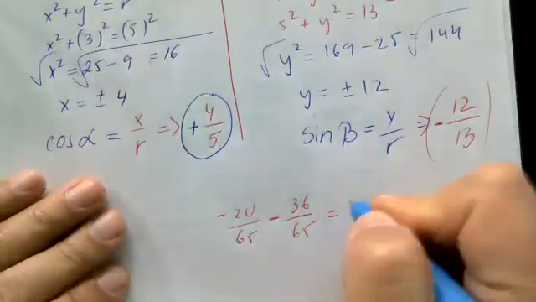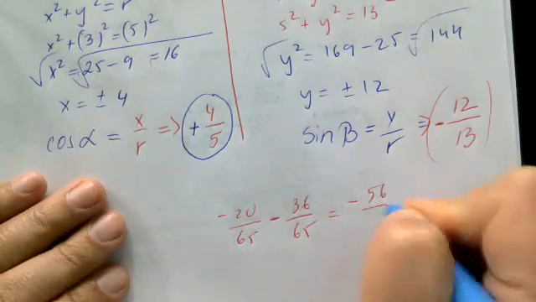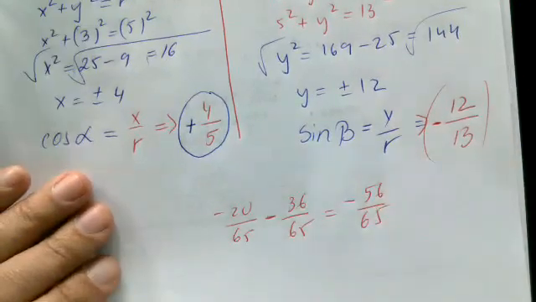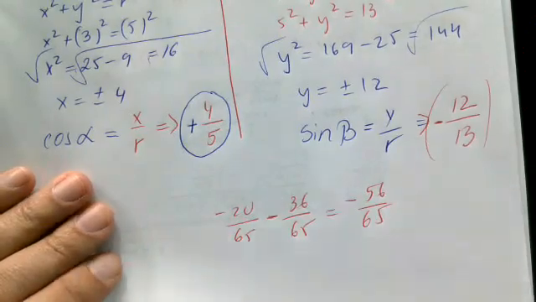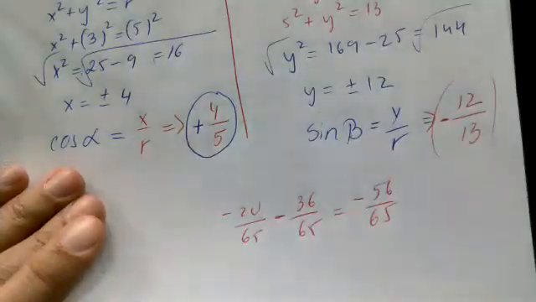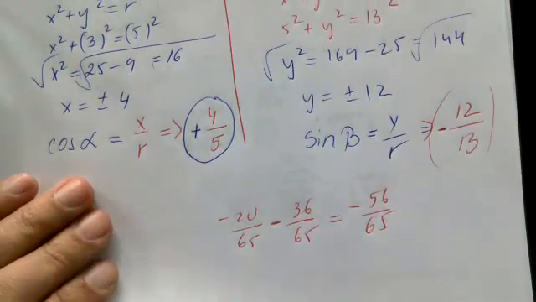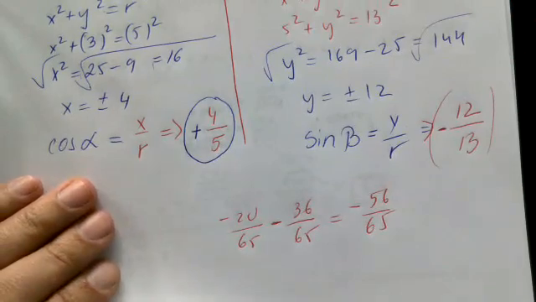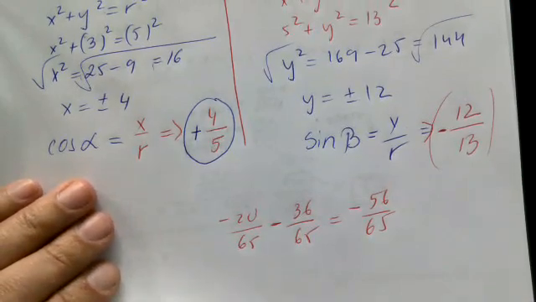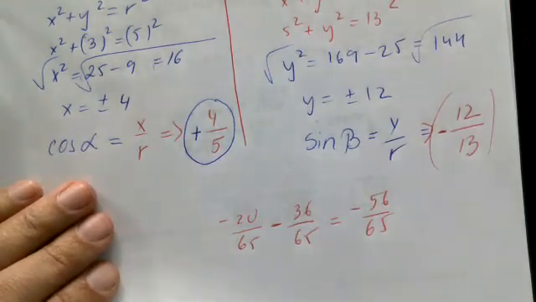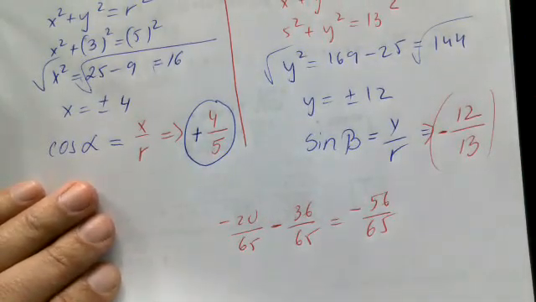So it just makes it negative 56 over 65. Clear? Can you see unit 4 somewhere along the question? A little bit? Okay. I hope so.